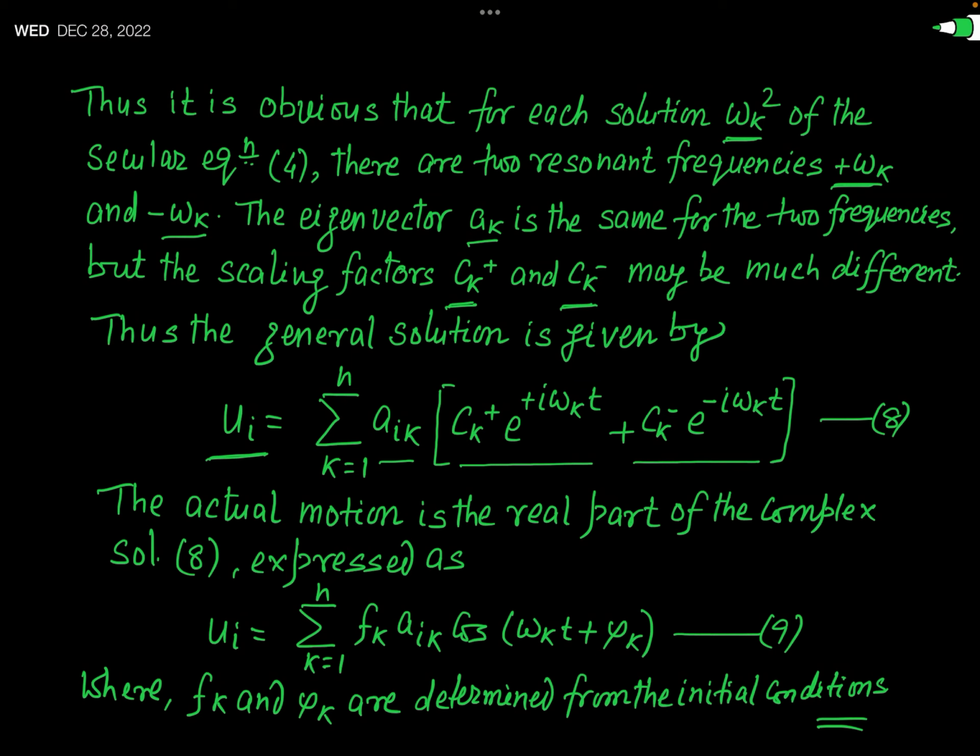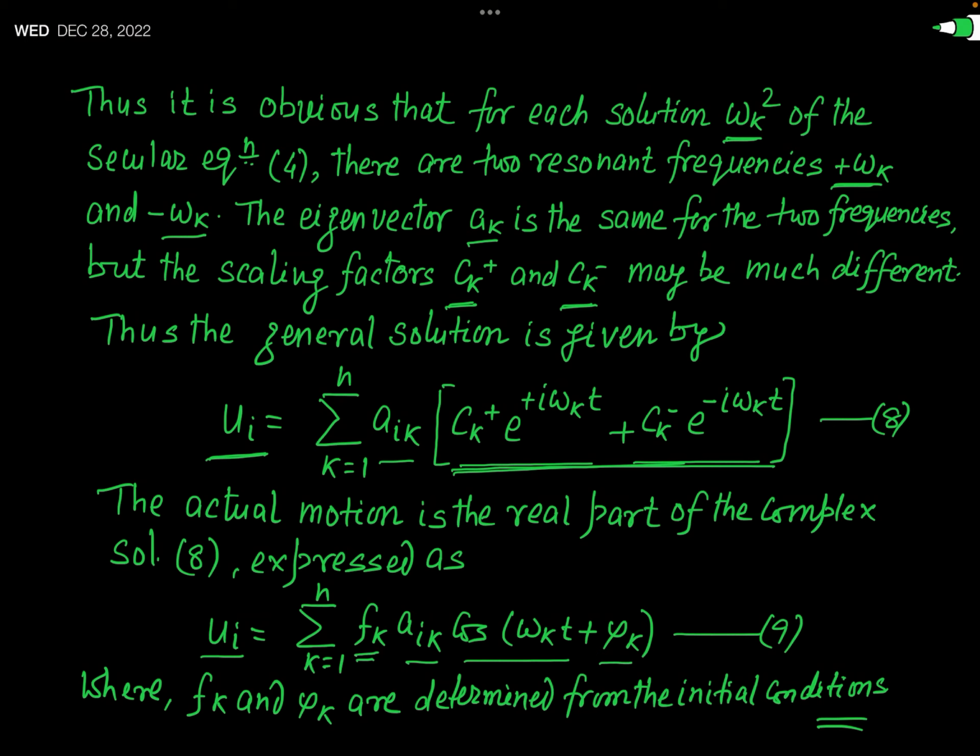The actual motion is given by the real part of this complex solution of the equation of motion, and you know that the real part of e to the power i theta is cos theta. So in practice we simply write it like this: u_i equals the summation over k of f_k a_ik cos(omega_k t plus phi_k).